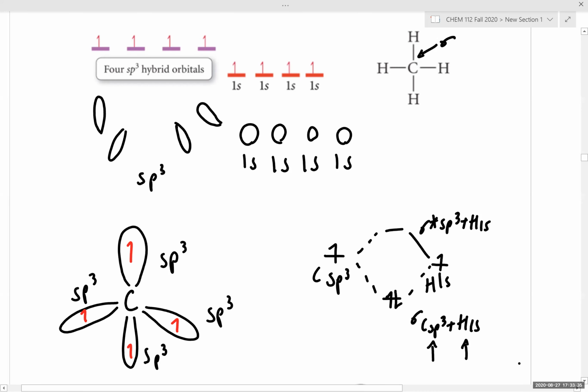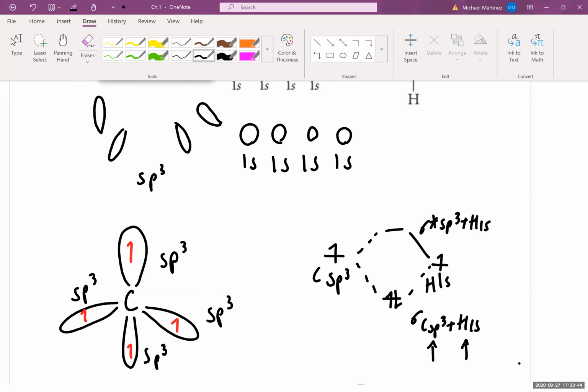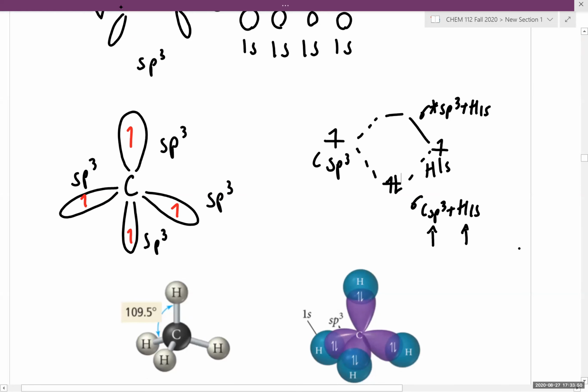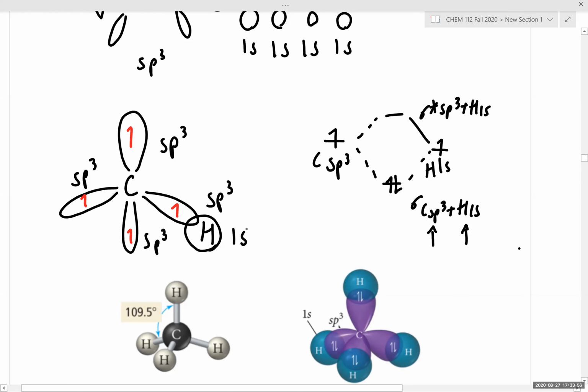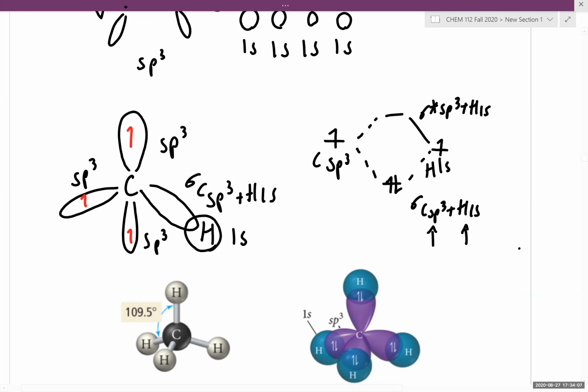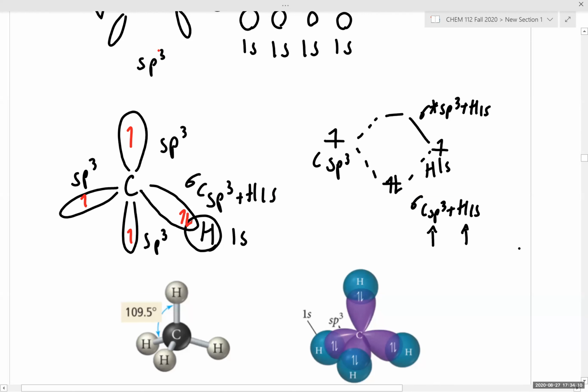So we can form a sigma bond by overlapping a carbon sp3 and a hydrogen 1s orbital. Let's do just that. Let's take each of our sp3 orbitals and overlap it with a hydrogen 1s orbital. That in turn will generate a sigma bonding orbital consisting of a carbon sp3 orbital and a hydrogen 1s orbital. There are 2 ways of drawing these orbital pictures, visually and as an orbital energy diagram.